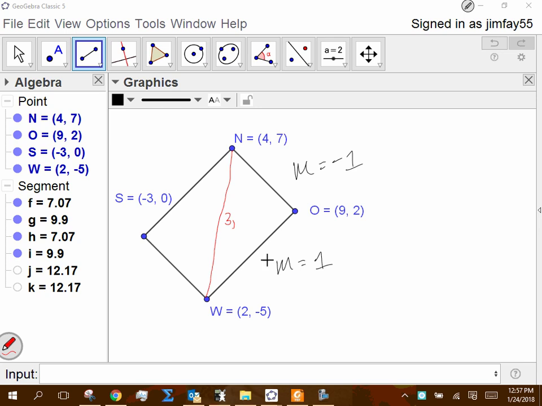And add your y's, divide by 2, gives you 1, right? So the midpoint of that red segment is 3, 1. If you find the midpoint of that segment, add your x's, divide by 2, gives you 3. Add your y's, divide by 2, gives you 1, right? So that midpoint right there is the midpoint for the red one, it's the midpoint for the blue one, this is a parallelogram, right?